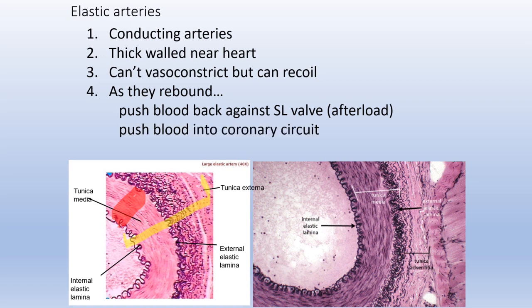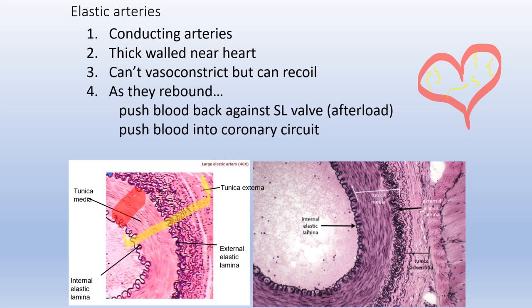The other thing is that you have vessels on the outside of the heart. Let me draw a diagram of the heart for you. Oh, that's not anatomically correct, but you do have vessels on the outside of the heart called the coronary circuit. And these are the vessels that serve the heart muscle. And if these become blocked, you can have a heart attack as your heart muscle gets deprived of oxygen. These vessels, as the heart contracts, they actually get occluded or they close up.